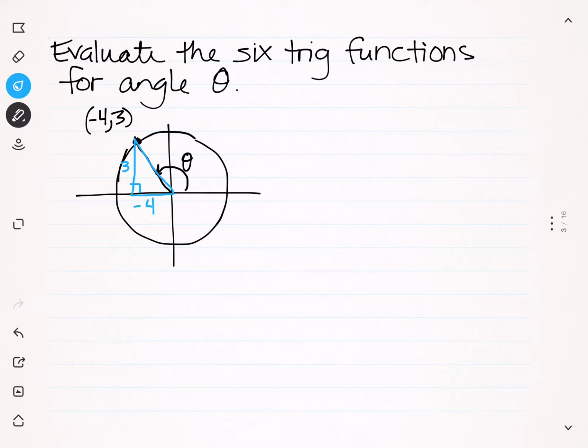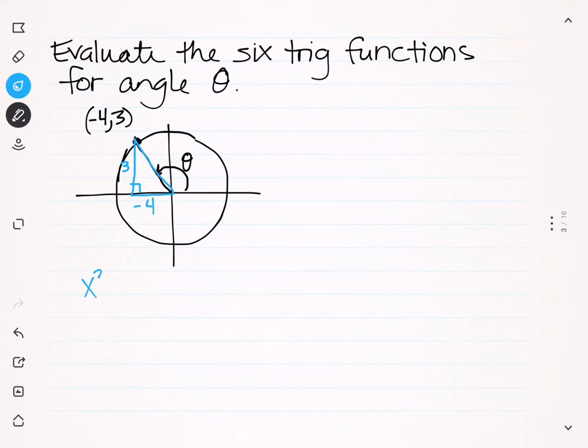Okay? So what we need to know for our 6 trigonometric functions is we need x, y, and r, which is the radius of the circle. So we're going to do some quick math here, and we're going to solve for the radius of this circle. We're going to use the Pythagorean theorem. So a squared plus b squared equals c squared, or we can use the formula for a circle, which is x squared plus y squared equals r squared.